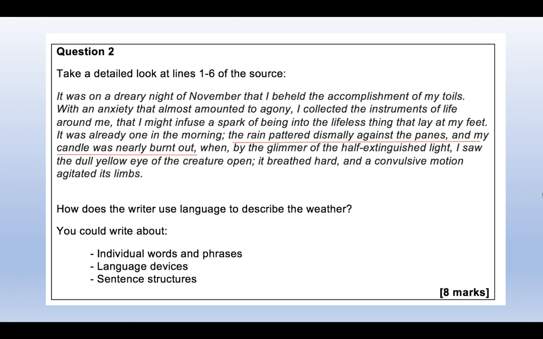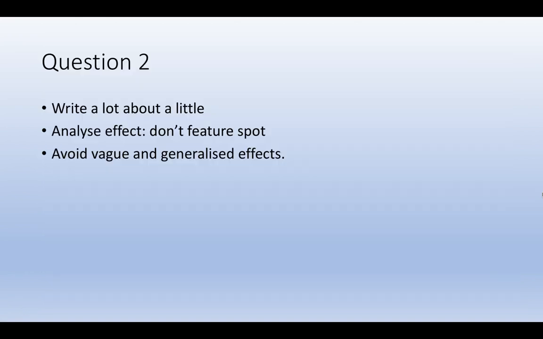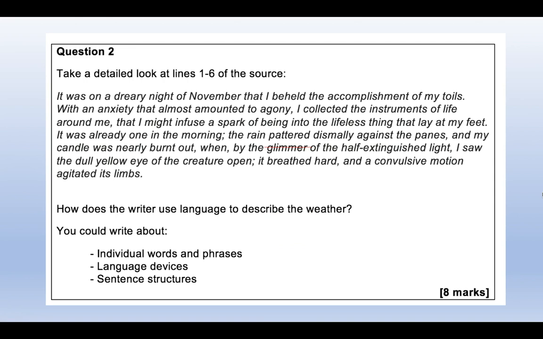Now, the advice would be, don't write about all of that together in one paragraph, because you won't do justice to the various different points you could write about. So that was that first point. To write a lot about a little, you might say, I'm just going to write about the word pattered. That's going to help me to really focus my analysis on the effect of this word, rather than write about a large quotation, because in the 2018 exam, that's what happened.